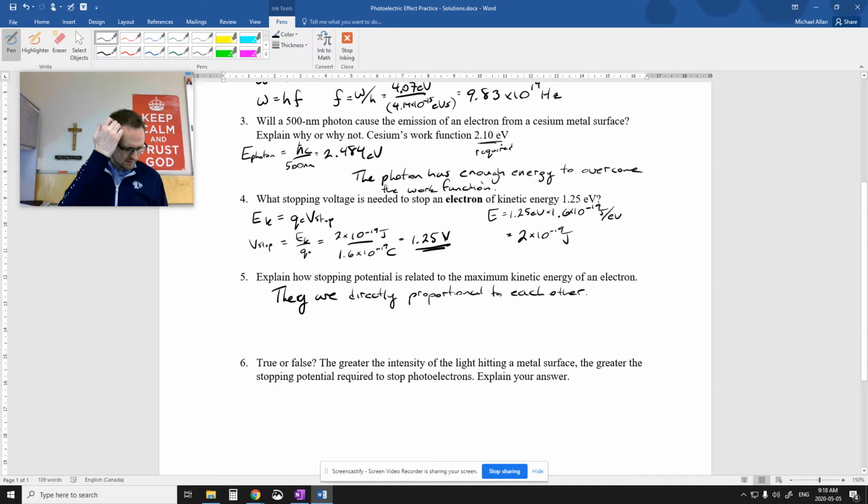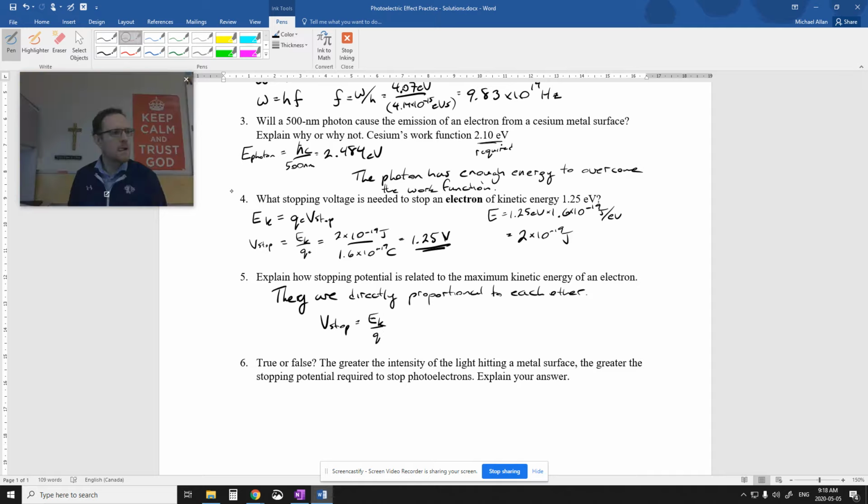If one goes up, the other one has to go up as well. You could just look at that based on this formula here. V stop is equal to EK over Q. If my EK goes up, so does my V stop.